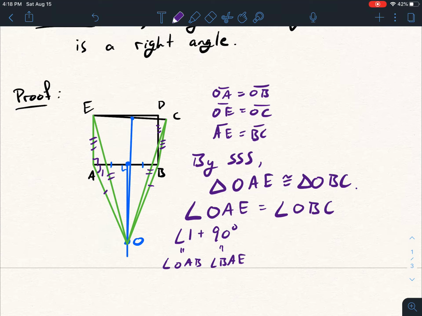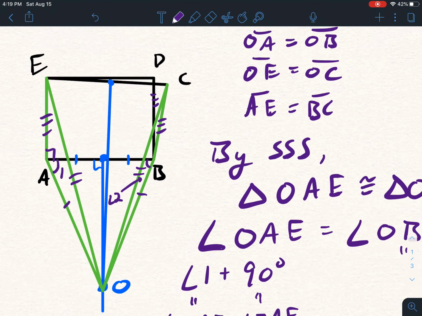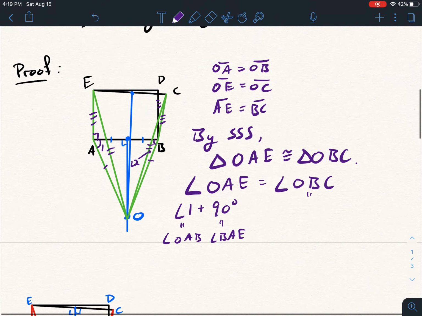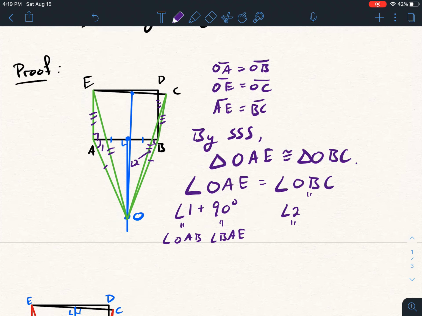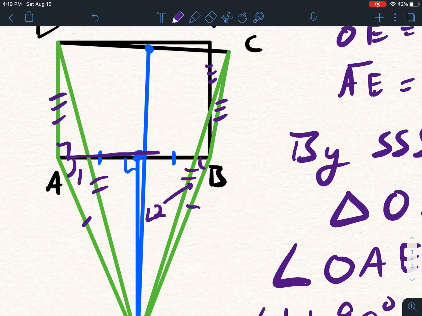That was just a rectangle there. And then OBC, I'm going to do the same thing. I'll zoom in a little bit here. That angle right there, which I'm going to call angle 2. So this is equal to angle 2. And then angle 2 was just angle OBA plus angle ABC, right? I'll zoom in again.